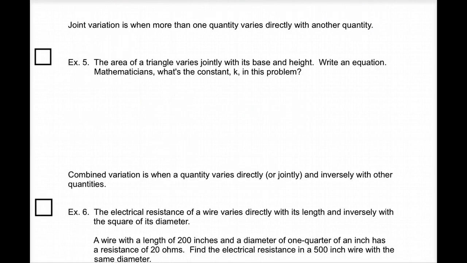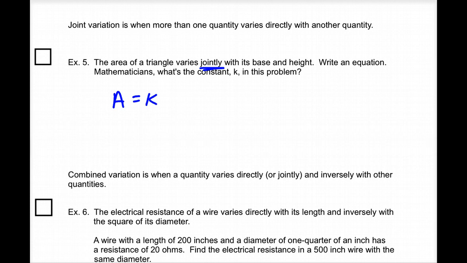And then finally, last page here, we got what's called joint variation. And that's simply direct variation, only you're multiplying more than once. And I made a change in your notes. I wrote this to jointly here. Change it to jointly. So it says area of a triangle varies jointly with its base and height. So area varies is equals k.